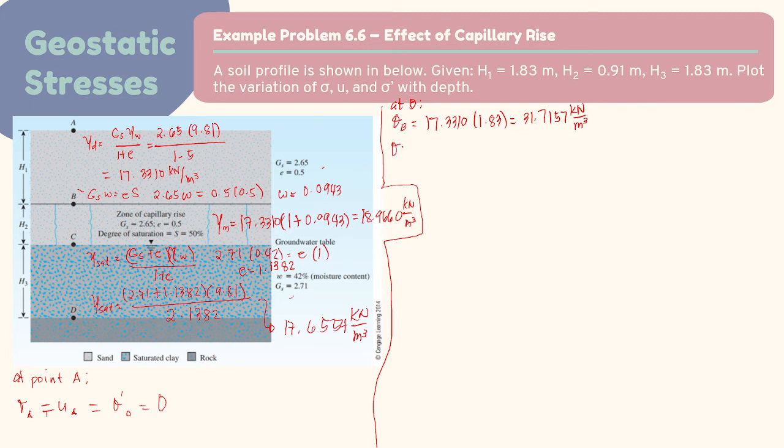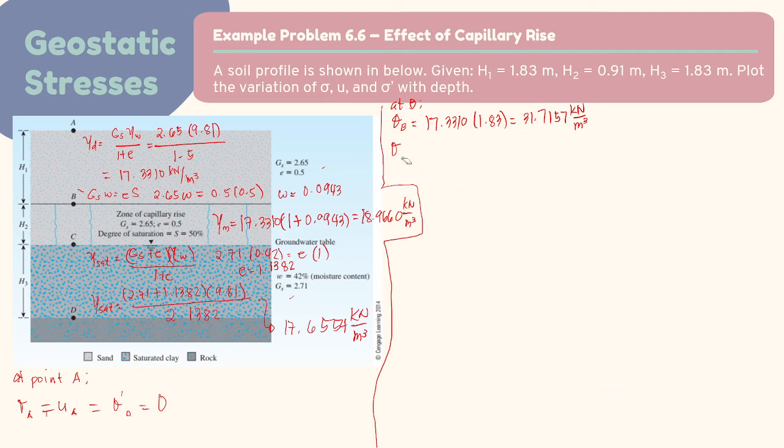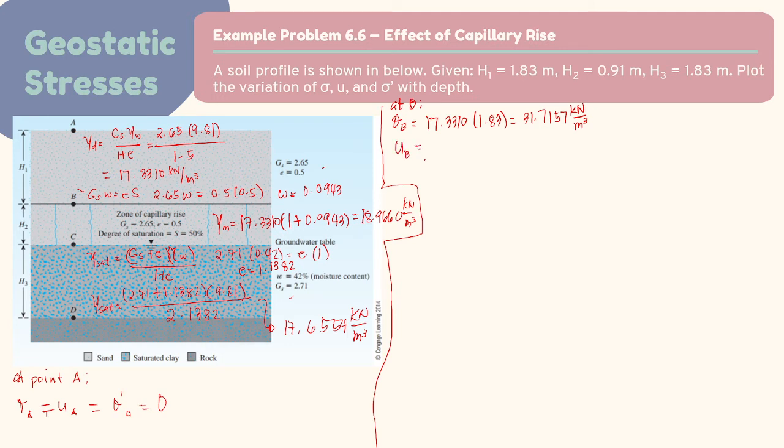While for the water pressure at B, we'll have to consider immediately below and immediately above point B. At point B, the pore water pressure is equal to 0 for immediately above.